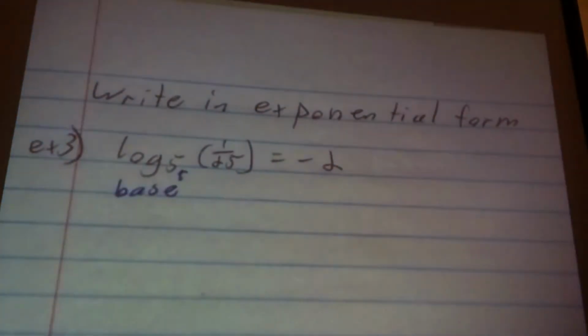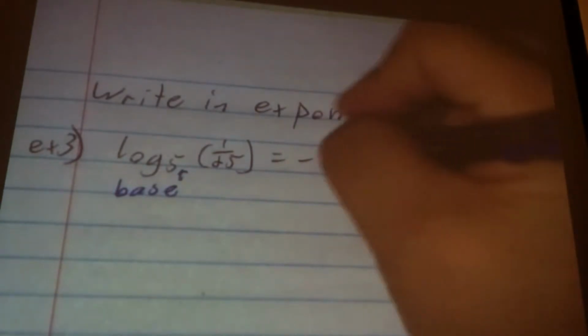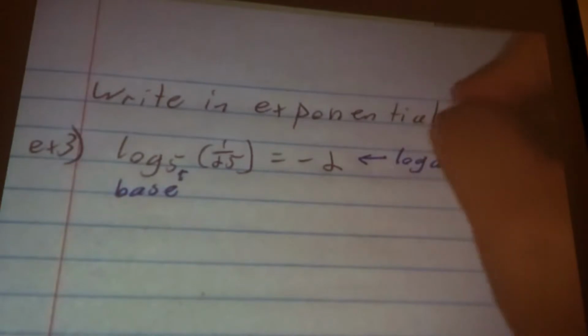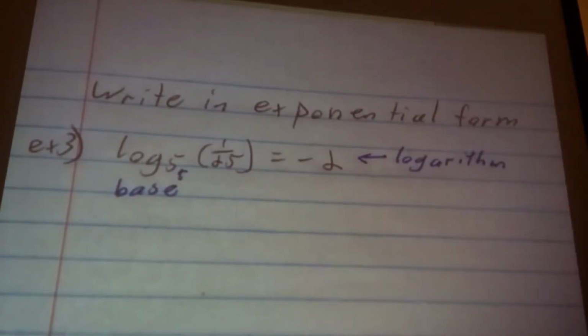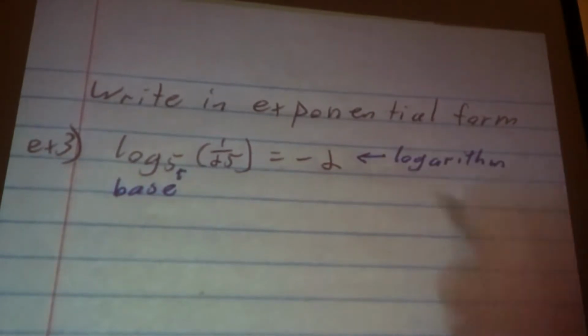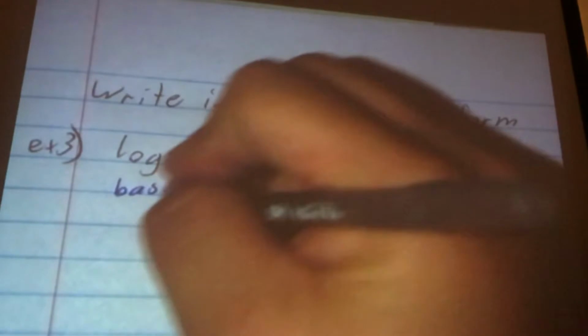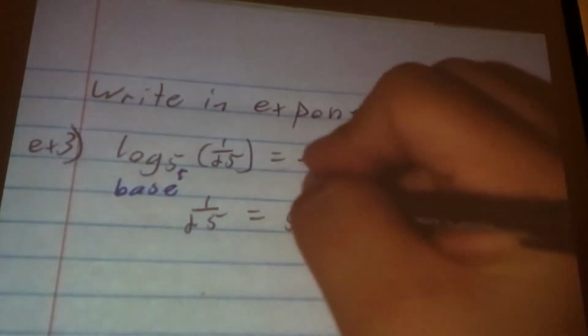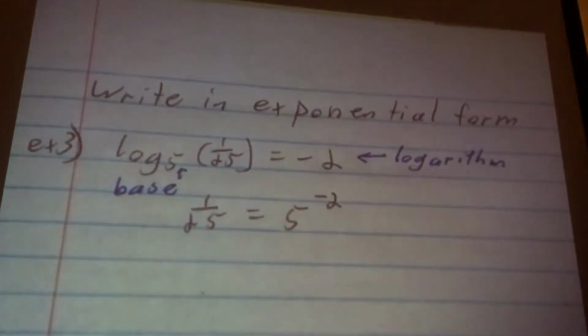And my logarithm? -2. So just working in opposite form, we have 1 over 25 is equal to 5 to the power of my logarithm, so -2.